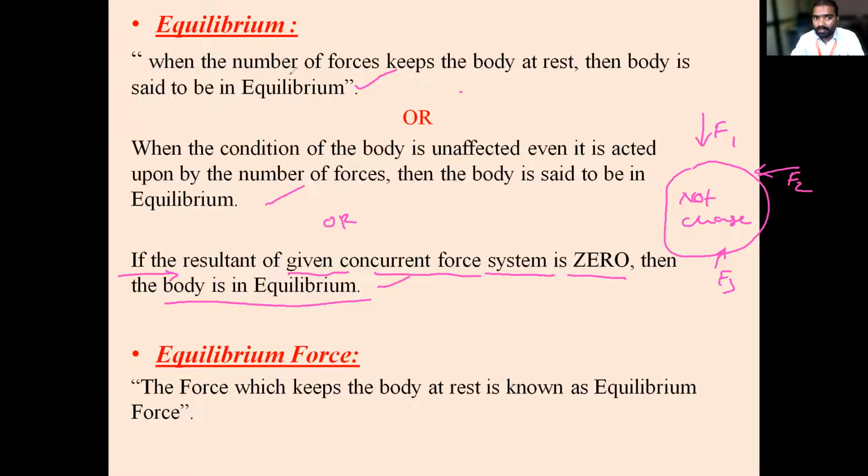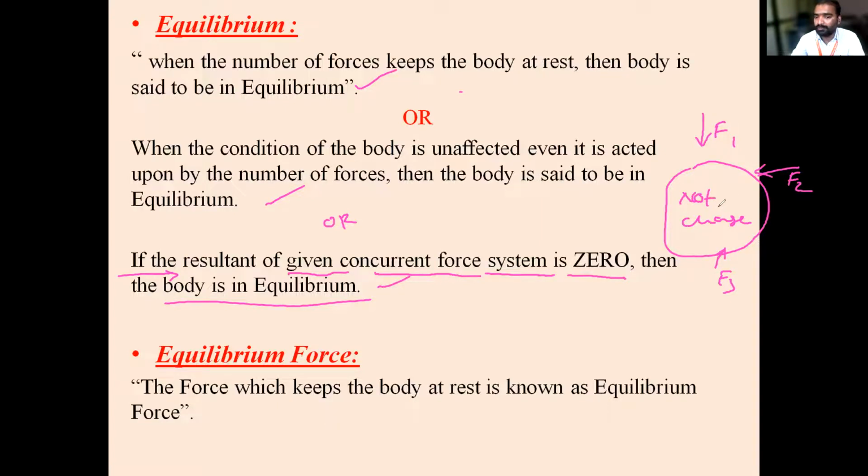The first one is when a number of force systems are acting on a body at rest, that body is called in equilibrium. So when the condition of the body is unaffected even though it is acted upon by a number of forces, then the body is said to be in equilibrium. This body is acted on by many forces, even though it is not changing its position.